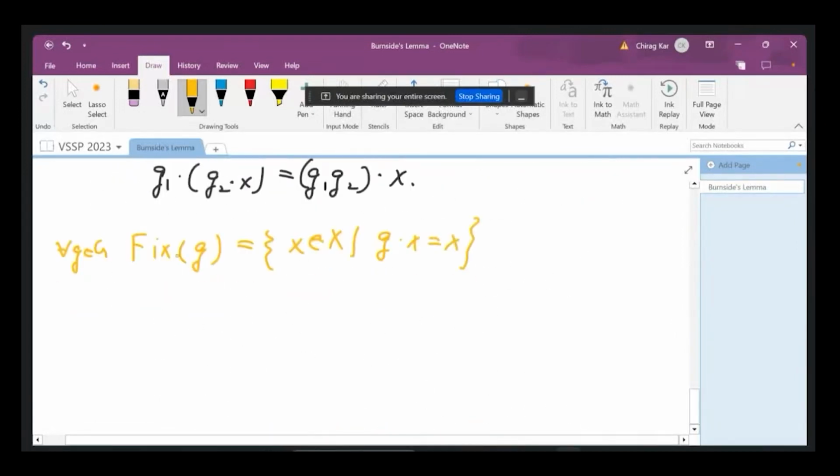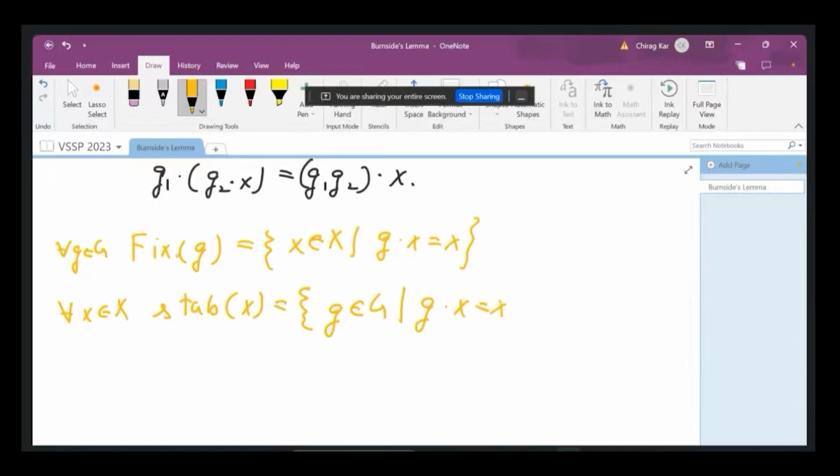Now, this is one set that we define. Another set that we define, which is very similar to this, we define it for every x in X, is the stabilizer of x. This is basically where we collect all g in G such that g dot x is equal to x.